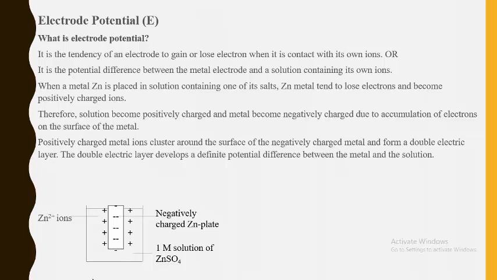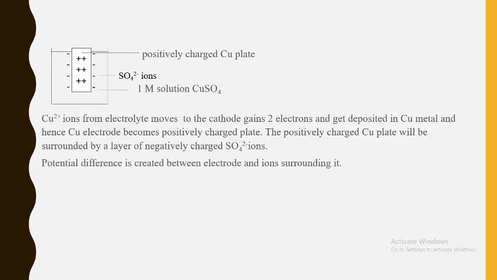Now we'll see the copper one. In the case of copper, you have the copper electrode dipped in a solution containing copper sulfate. You can see copper and copper here. So copper 2 plus ions from the electrolyte move to the cathode here, because all the way the two electrons will be coming.